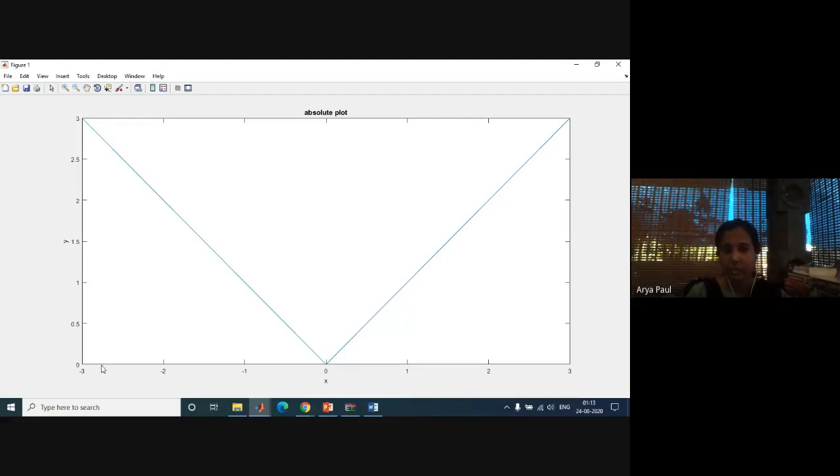It will be 2. For -3, the value will be 3, like that. So for all the values, you are getting positive values only. So it is taking the absolute value. So you will get a graph like this. I hope this is clear.